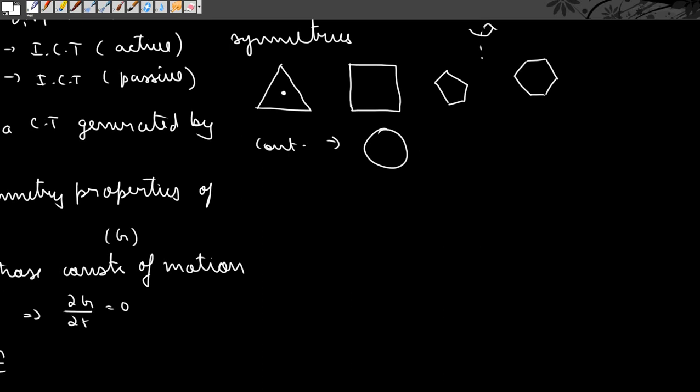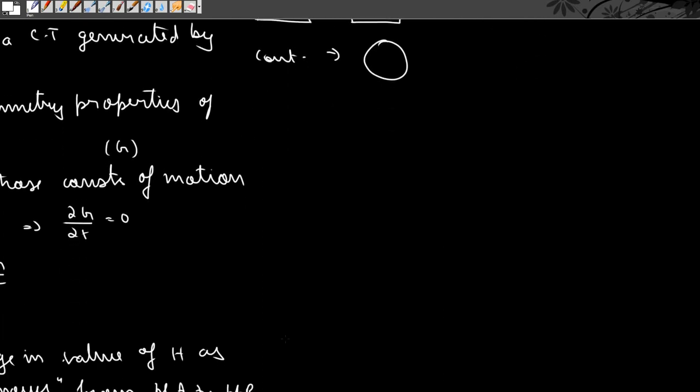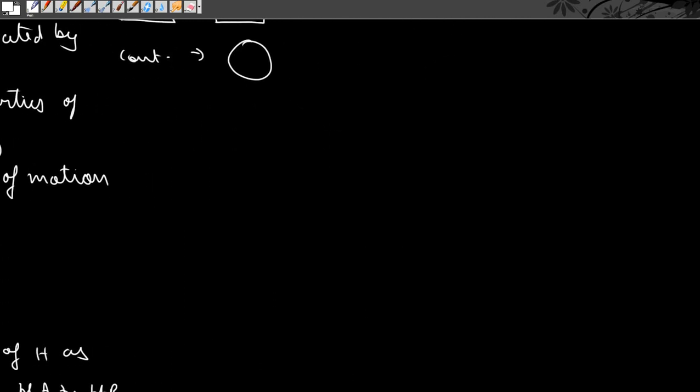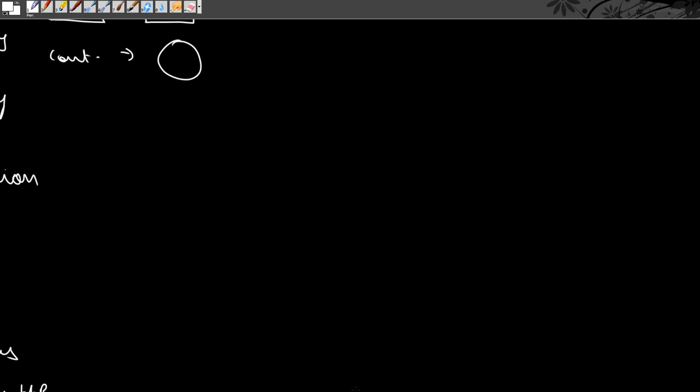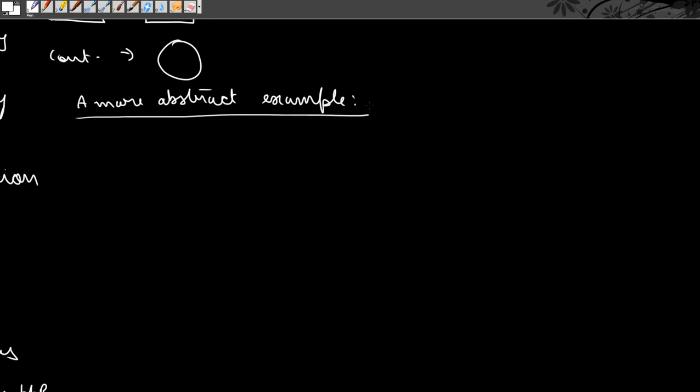Okay, now let us consider a more abstract example, and here we are going to consider a transformation on a particular function. So far we had considered only geometric examples. Now we are going to move into some more abstract examples, and before we go into that, let me just state the following.